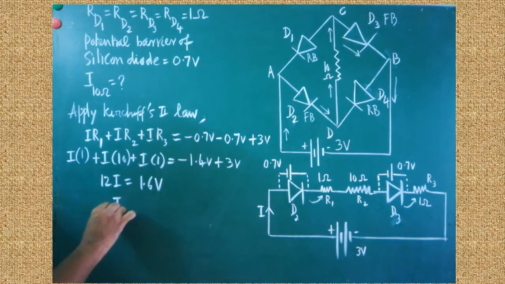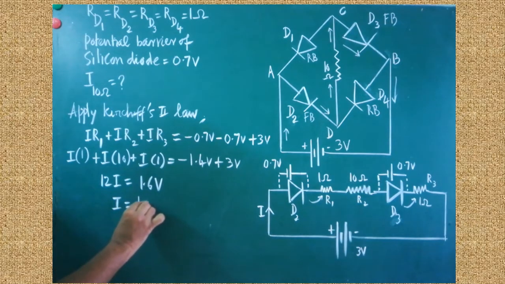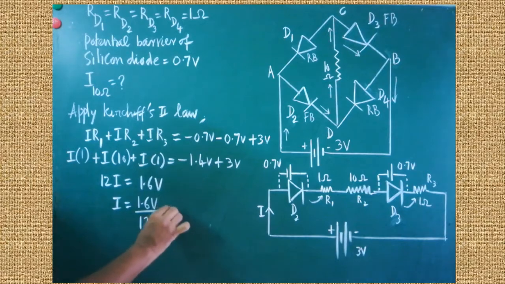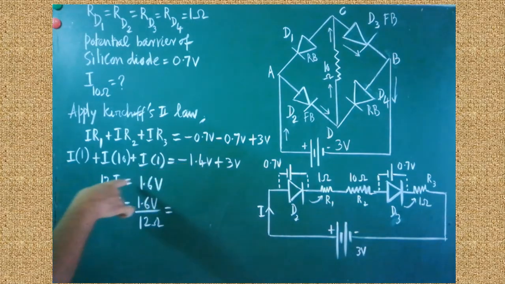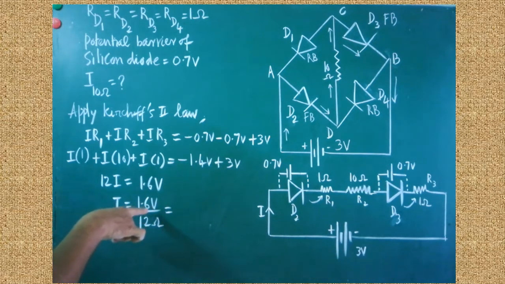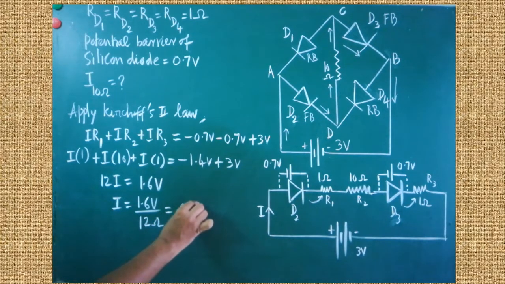After calculation, I is equal to 1.6 volt divided by 12 ohm. If it is calculated, you will get 0.133, and the number goes on.